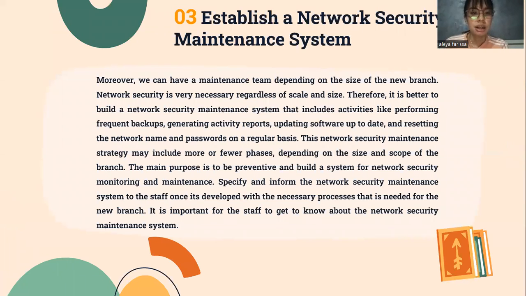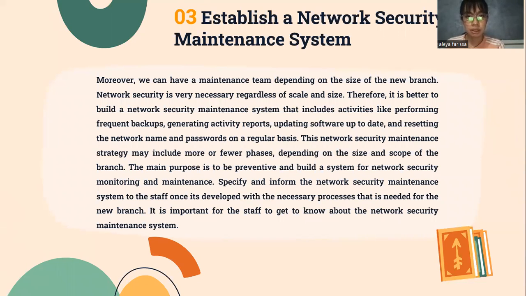Number 3, establish a network security maintenance system. Moreover, we can have a maintenance team depending on the size of the new branch. Network security is very necessary regardless of scale and size.